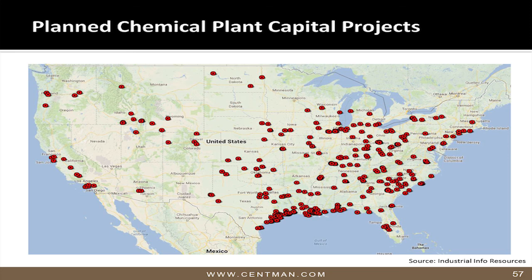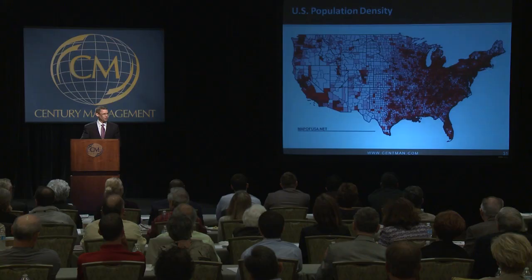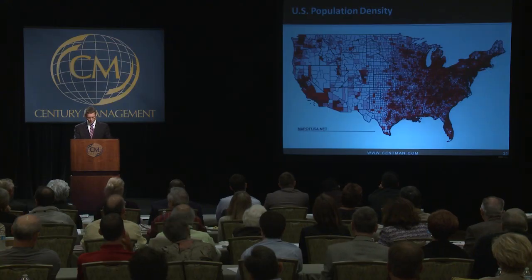This also happens to correlate nicely with the population density of the United States and will add jobs, increase incomes, provide support for additional businesses, and it's close to local manufacturing consumers, so it's going to lower the cost of freight, which will improve the competitiveness of U.S. manufacturers. All this will add positively to these local communities in these regions, which provides the next phase in this theme, which we are in the middle of exploring, and we'll keep you posted as that progresses.